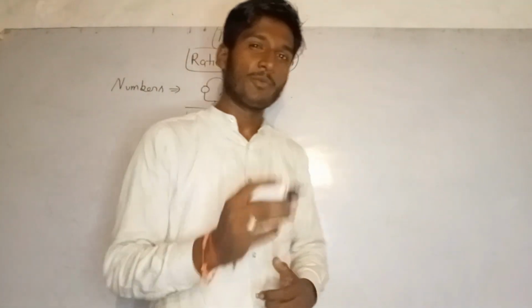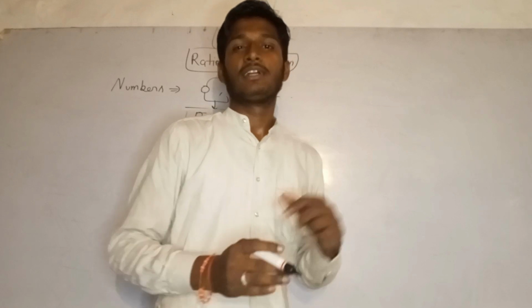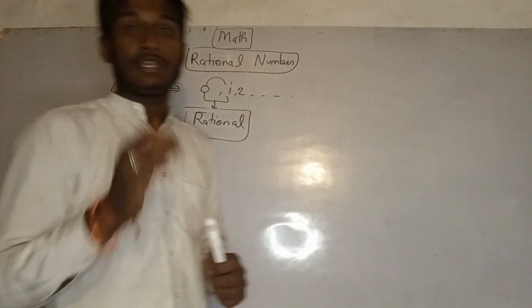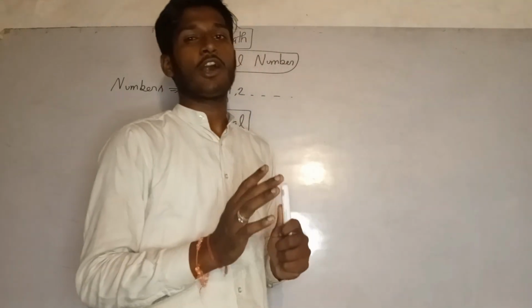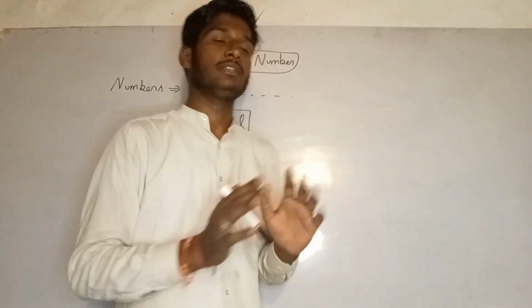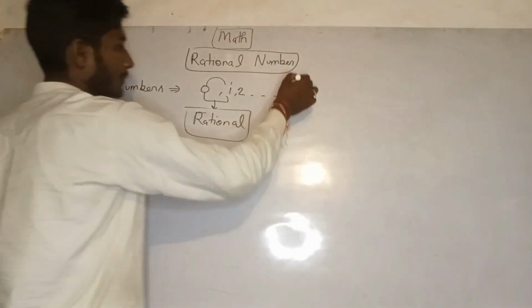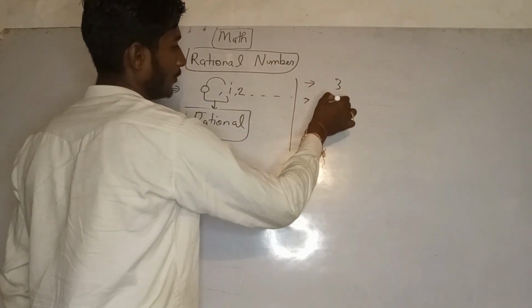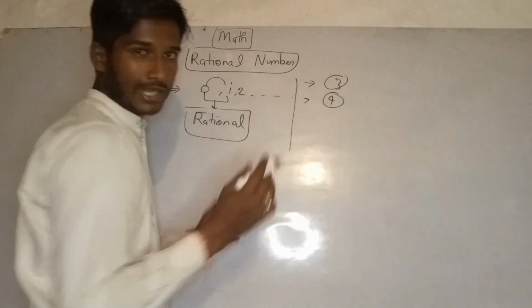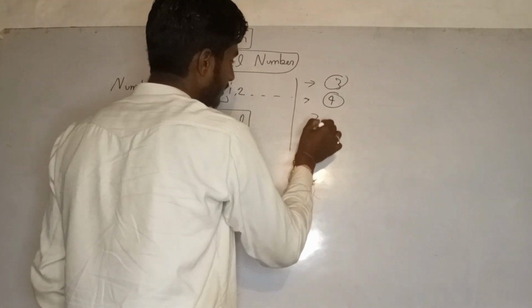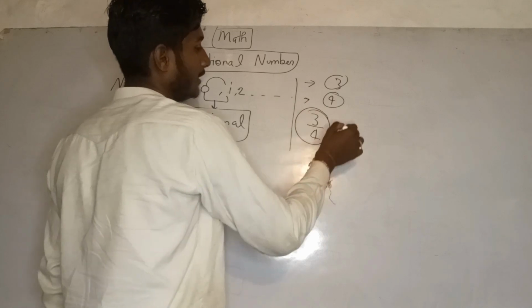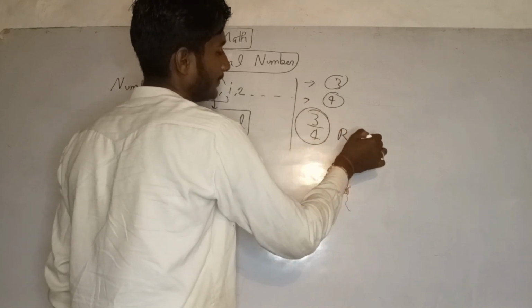If we go with a bit of definition, the definition says that a number in the form of a upon b. Suppose this is a number 3 and this is a number 4, and if we write these numbers as 3 upon 4, this is called a rational number.